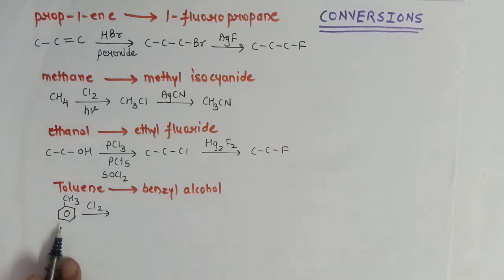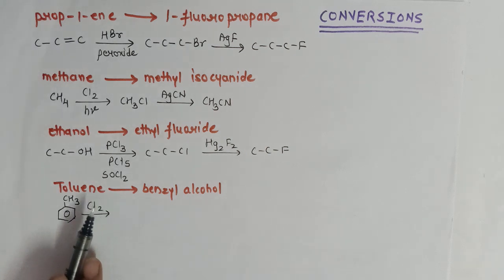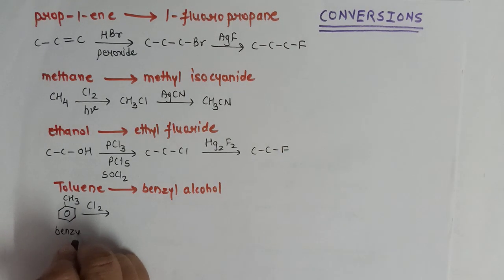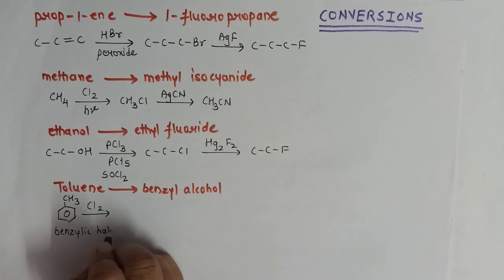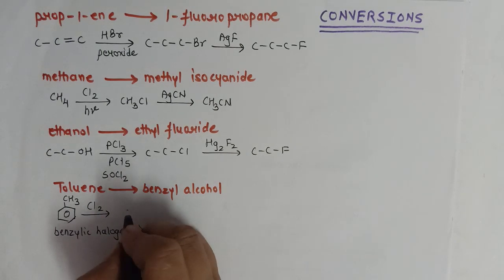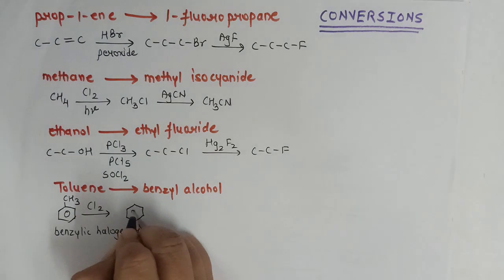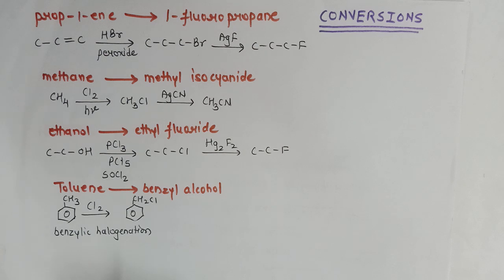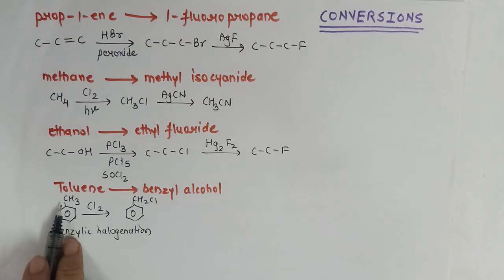Whenever we are carrying out halogenation of a substituted benzene, if the carbon atom is directly attached to benzene, then the halogen gets added to this carbon atom, and therefore it is also called benzylic halogenation. And therefore we'll get the product benzyl chloride. The halogen is substituted at the carbon atom which is directly attached to benzene.